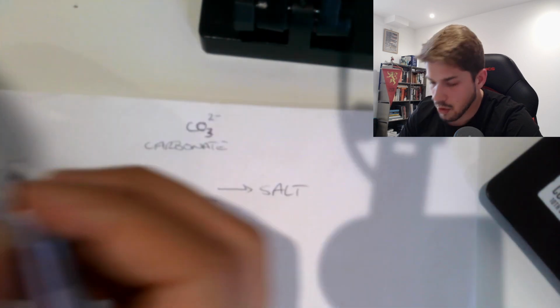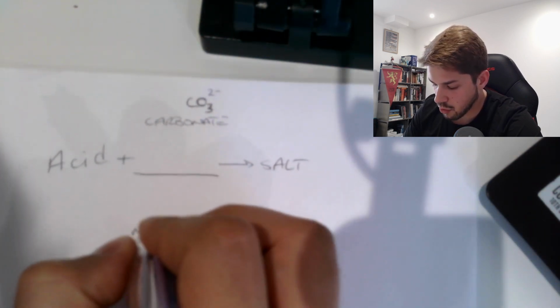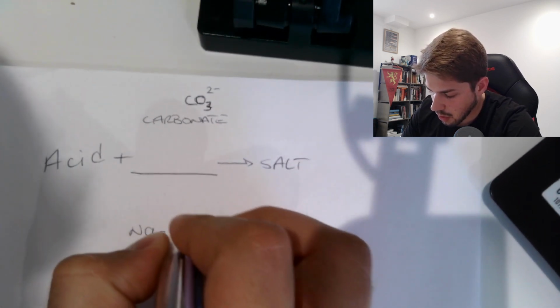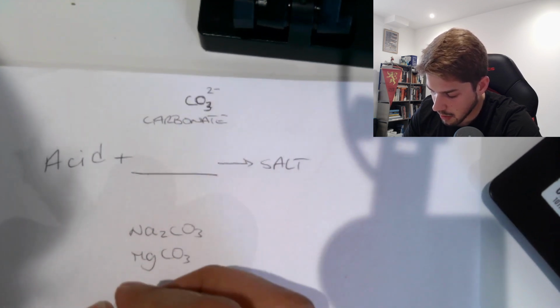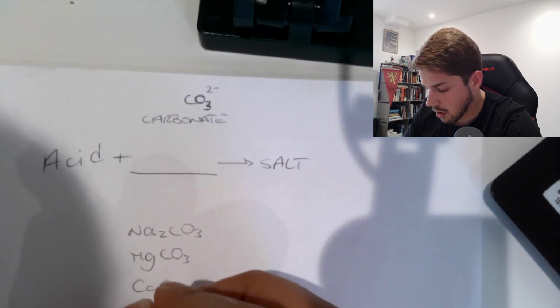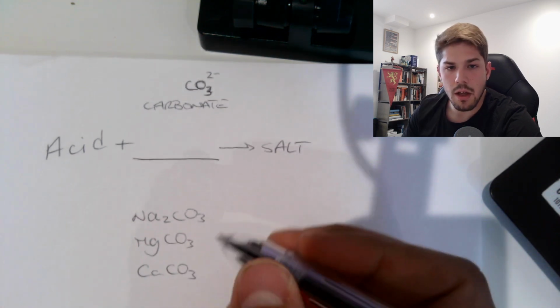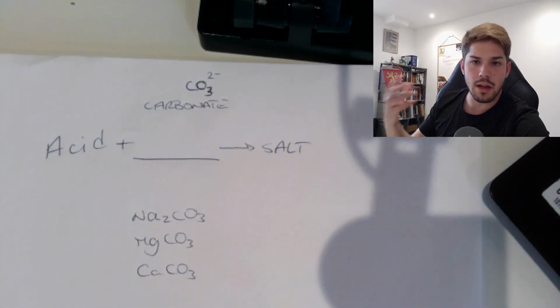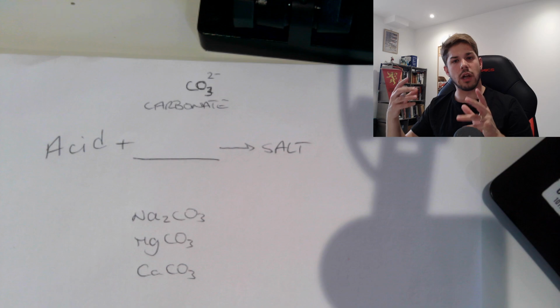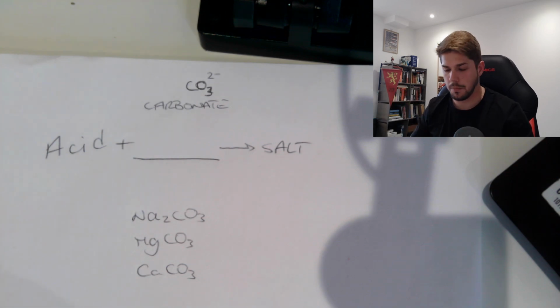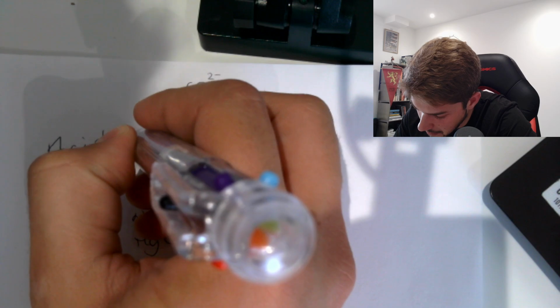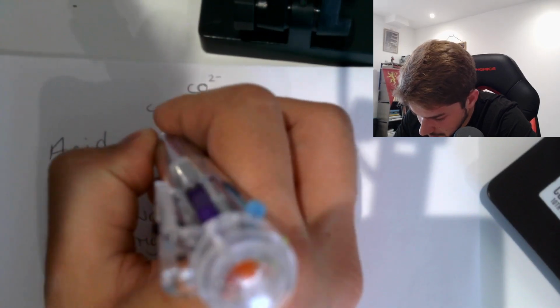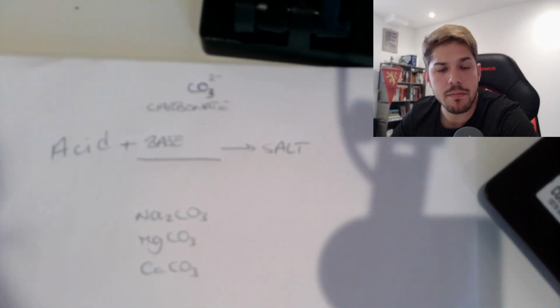So for example, you can have sodium carbonate, magnesium carbonate, calcium carbonate. Any carbonate, when you add it to an acid, will give you as a result a salt that is soluble. But even easier than that, you can just say a base, a strong base, a strong alkali.